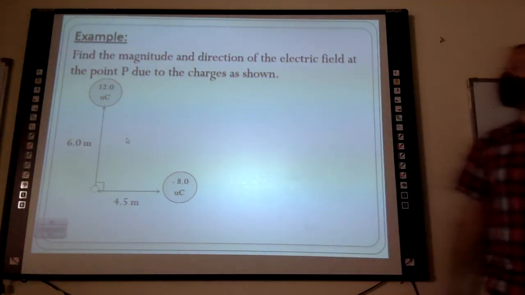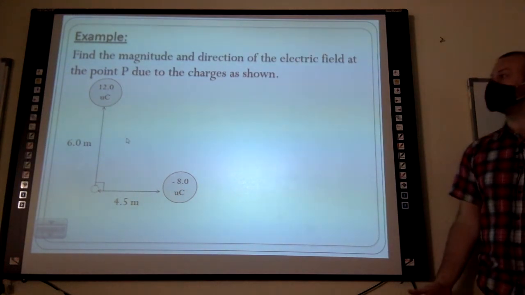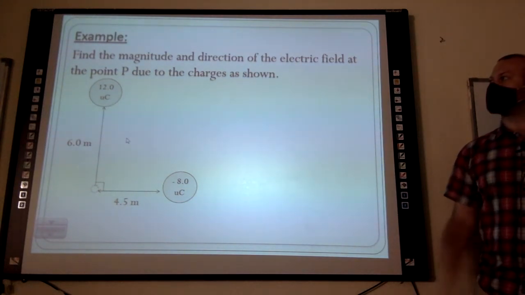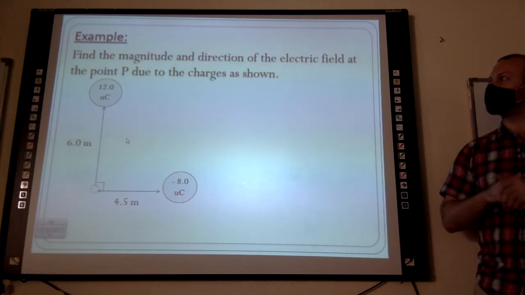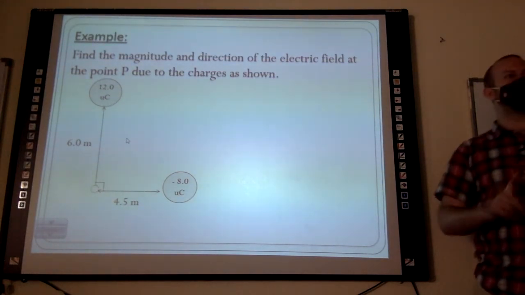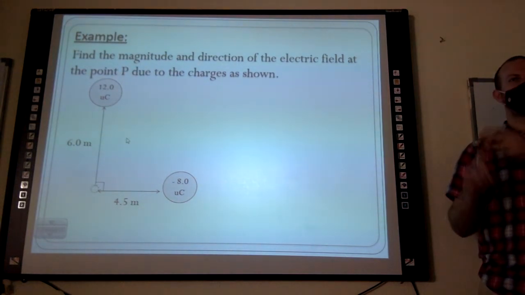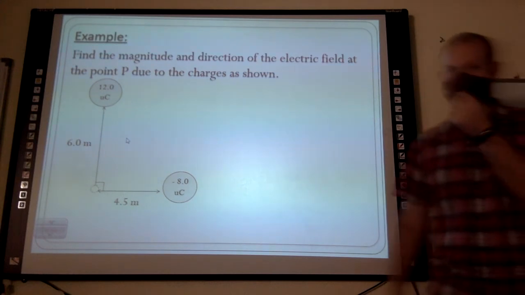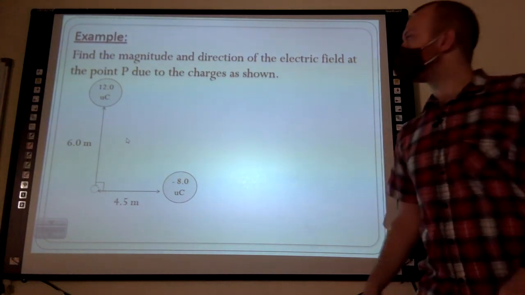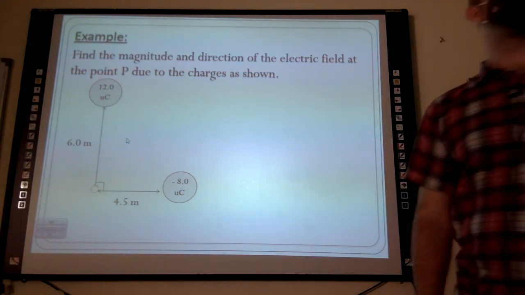Your method for solving this is the exact same as everything you've seen. This is really nothing new, except the equations are slightly changing. But if I want to know the total electric field, calculate the two electric fields, add them like vectors. So now we've got angles thrown in there and triangles, but really very similar to what you've seen before. Your strategy for solving this is basically the same.